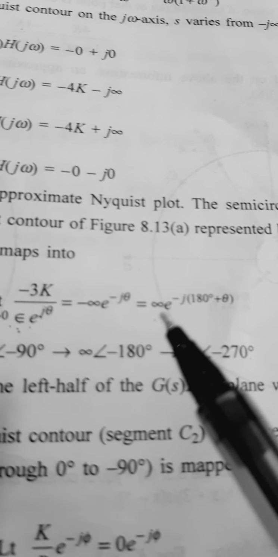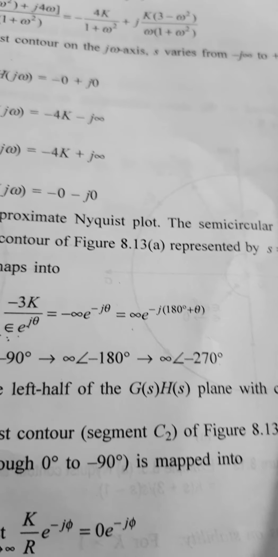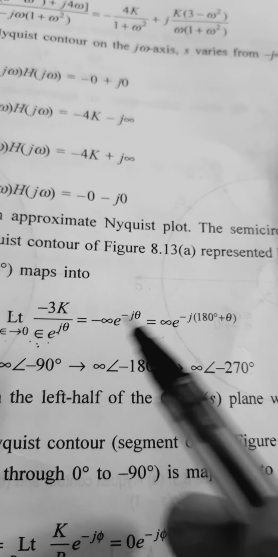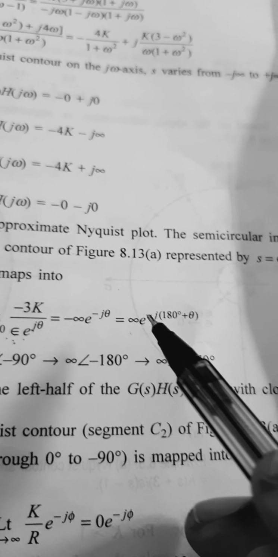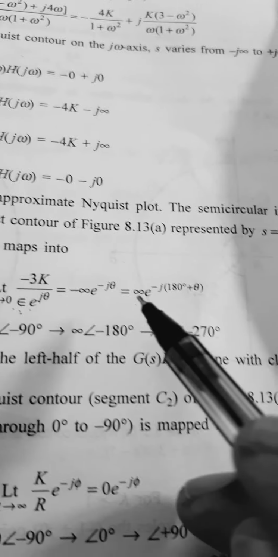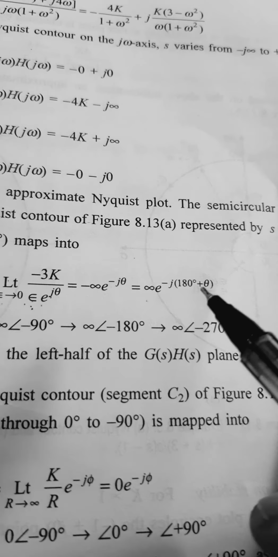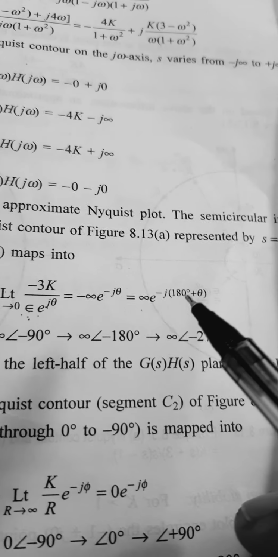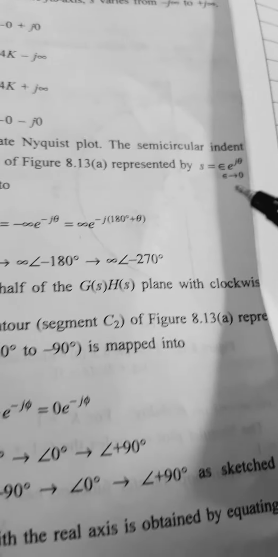Okay, so at the angle you should add 180 degree. This minus sign you can put it plus e to the power of minus j theta. Here infinity becomes plus infinity, so it is equal to plus 180 degree.